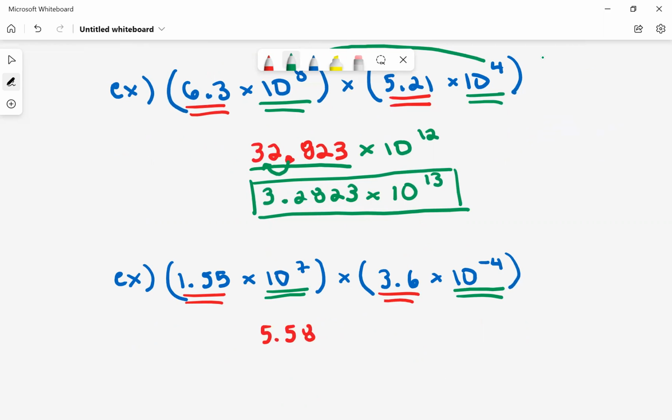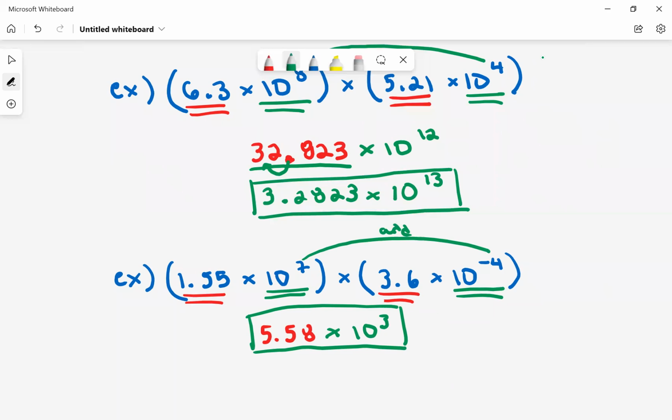Well, we're going to add those exponents. So 7 plus -4, that's +3. And it works. That's the answer. So we add those exponents together and life is good. And that's really it. So that's kind of the applications we'll look at for scientific notation.